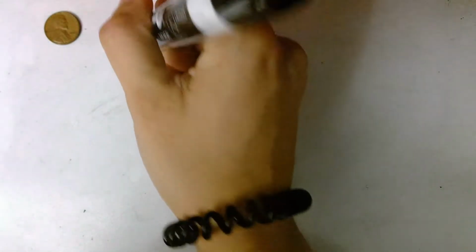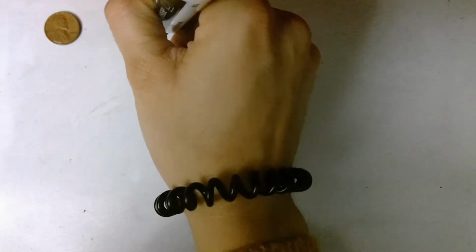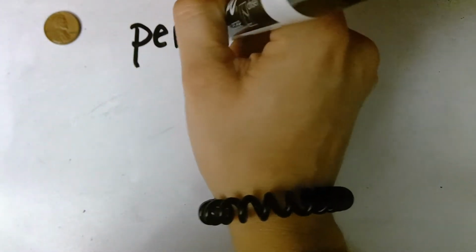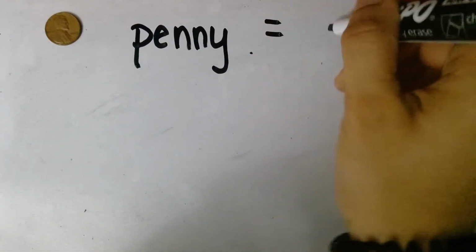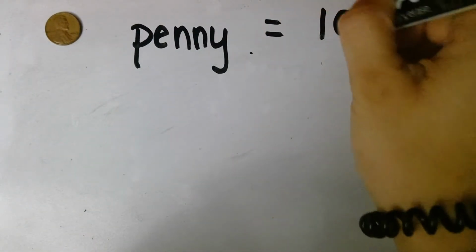So I'm going to start our review by talking about the different coins again, and you are probably sick of hearing about this, but if you forgot, this coin, I'll show you the back too, is called a penny. A penny is equal to 1 cent.